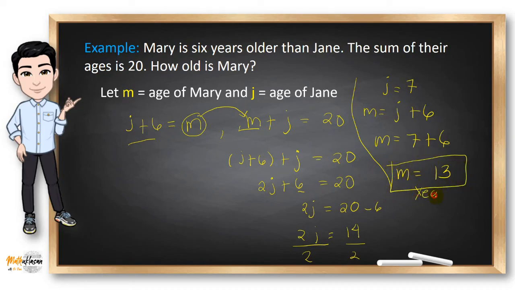Okay, need to write years old. Let us check our answer. If Jane is 7 years old, then 6 years older than Jane means Mary is 13. The sum of their ages is 20, and 13 plus 7 is 20.